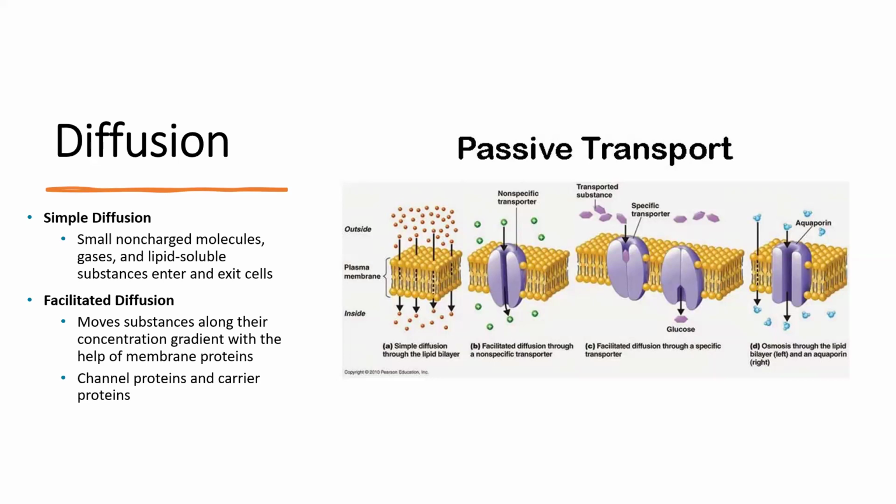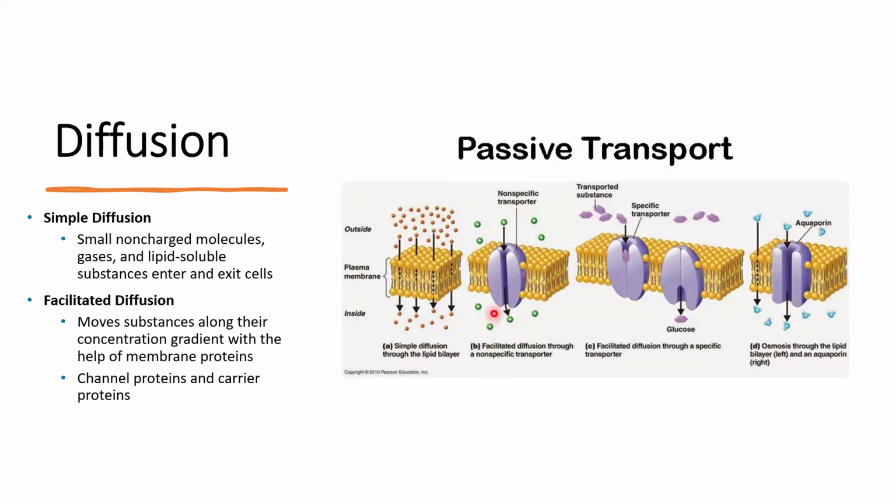Facilitated diffusion is still going to move along that gradient, but these are going to potentially be charged or polar molecules, things that are not easily soluble, and they're going to require some sort of channel protein, something that's transmembrane that goes across from the outside to the inside, our channel or carrier proteins.